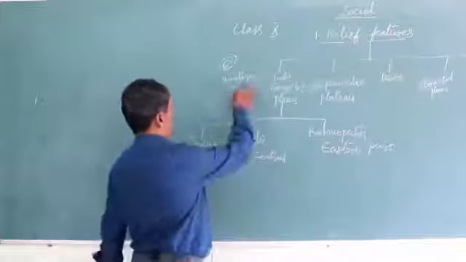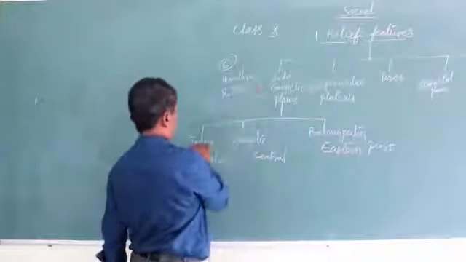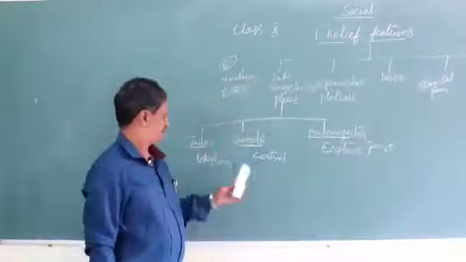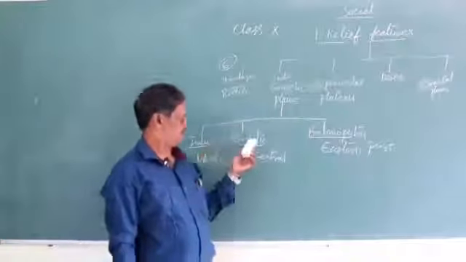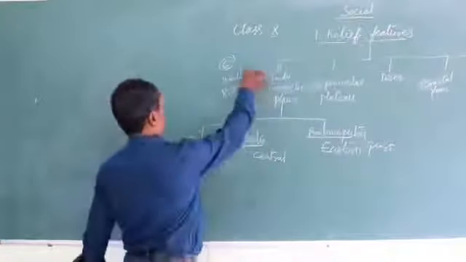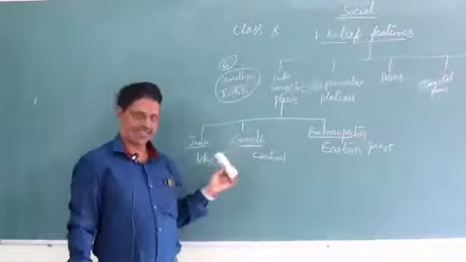Because of the Himalayan rivers. These are the Himalayan rivers: Indus, Ganga, Brahmaputra. So, this is the source of these 3 Himalayan rivers.